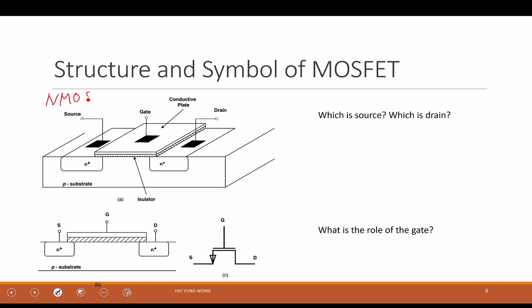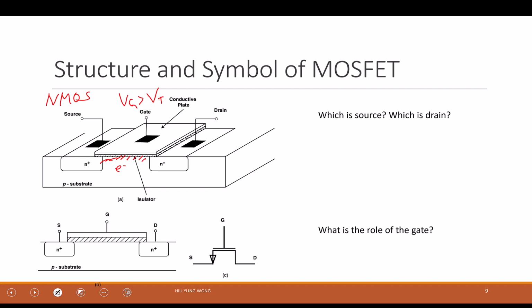When we say it is NMOS, it is because when VG is larger than the threshold voltage, we are going to induce some electrons here. The conduction depends on the N-type carrier, which is negative. N stands for negative, right? To do the conduction. So this is an NMOS.